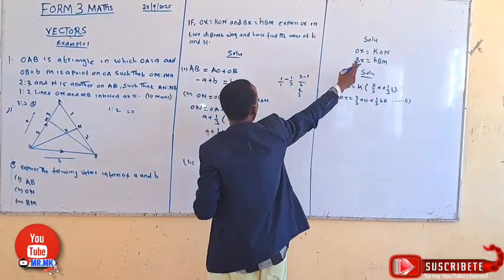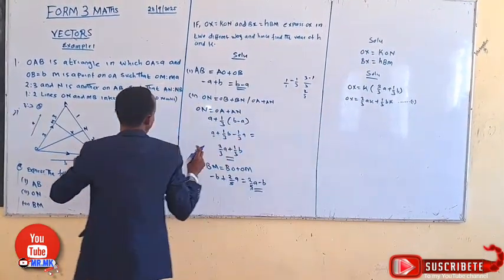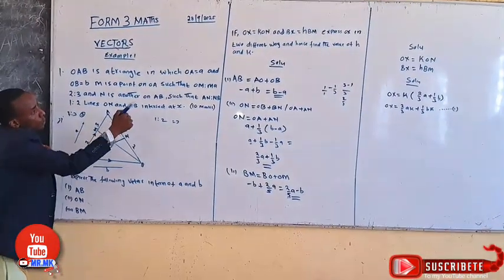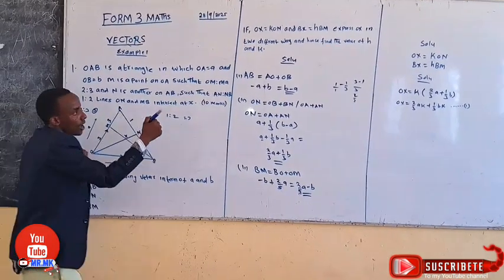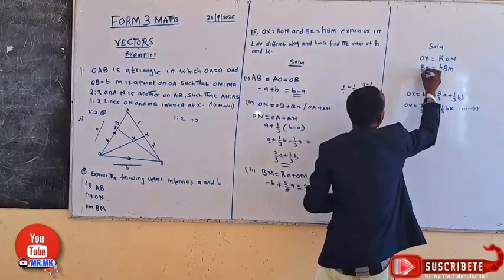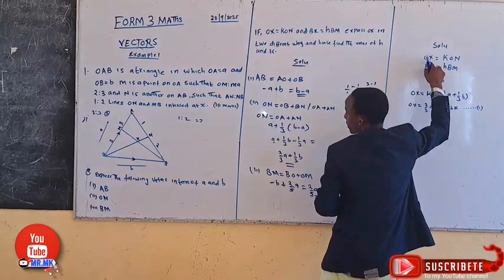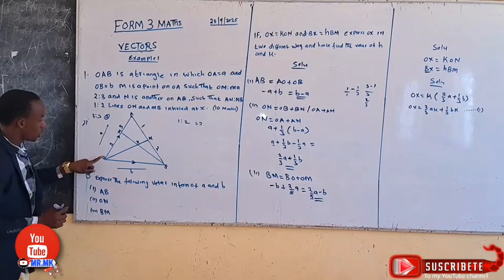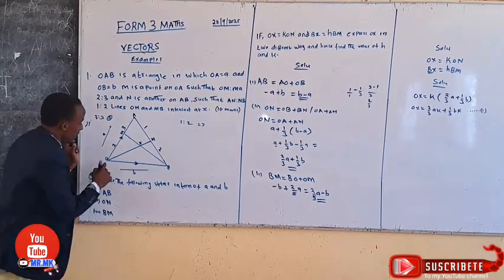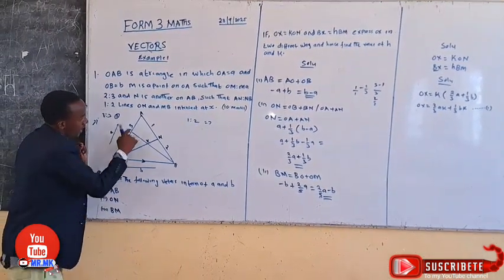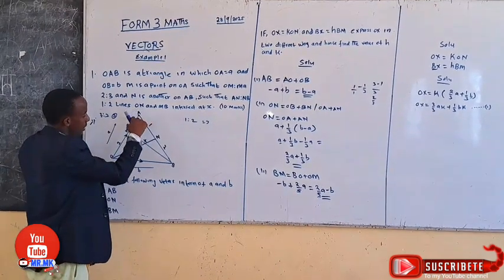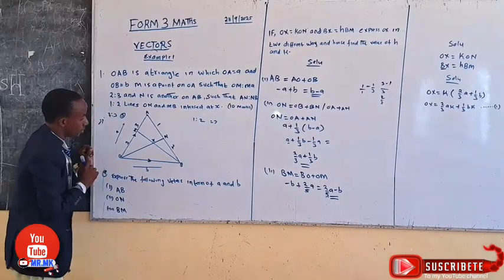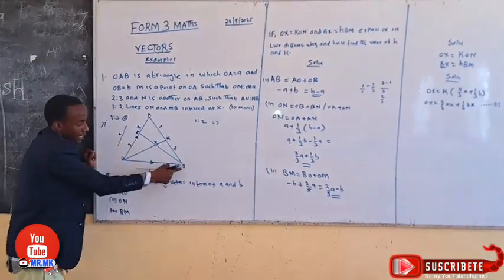Now when you want to express OX in two different ways, just go back to our equation. OX, you have to pass through BX. That is why I am expressing OX in two different ways. Let's go back to our equation here. OX, if I use OA and AX, I have to pass X, BX.